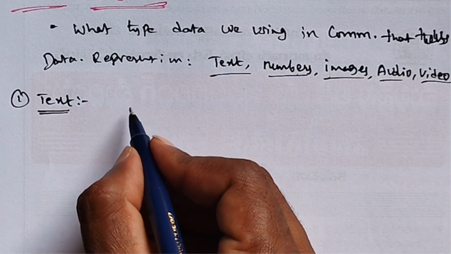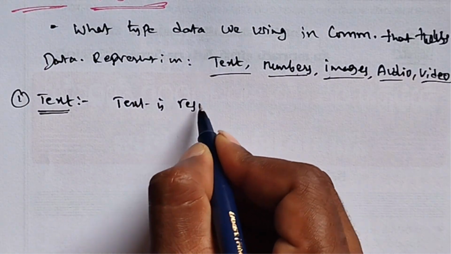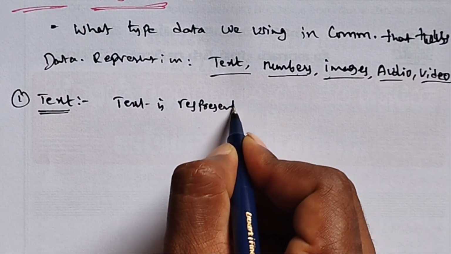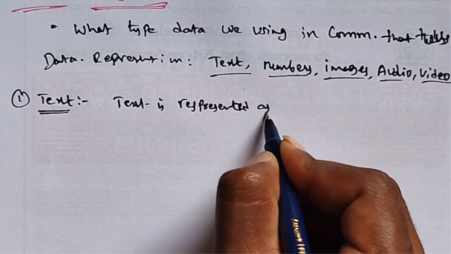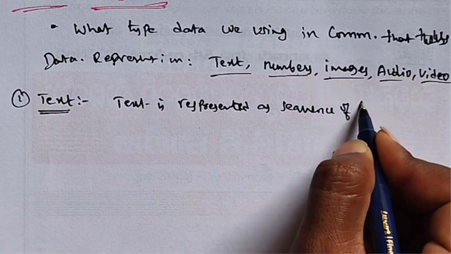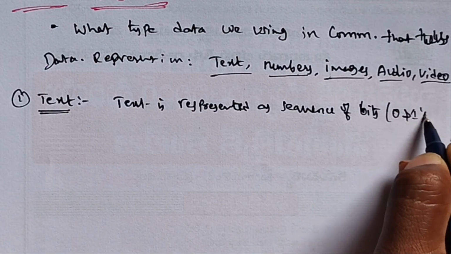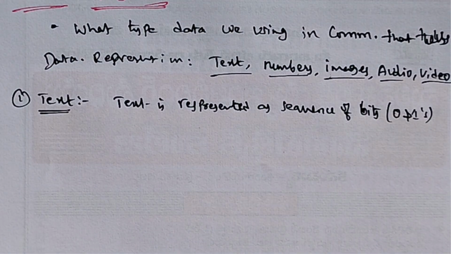Different sets of bit patterns have been designed to represent text symbols. Each set is called a code, and the process of representing symbols is called coding.